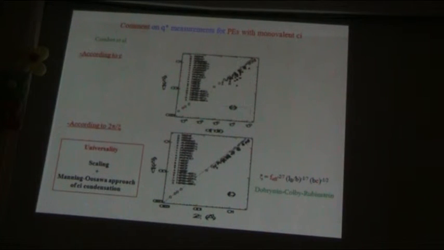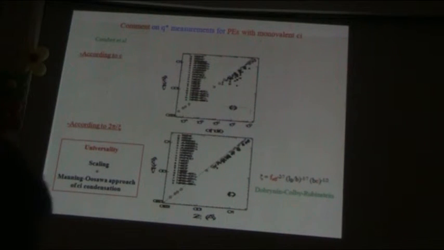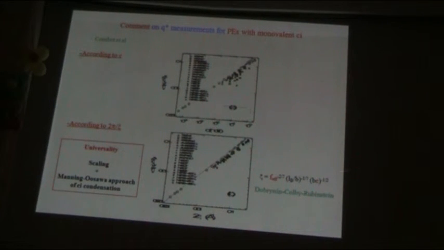Of course, the theoreticians have proposed some scaling law approaches, and specifically Dobrynin, Colby and Rubinstein have proposed this relation between the screening length, the correlation length, the concentration, and the effective charge.